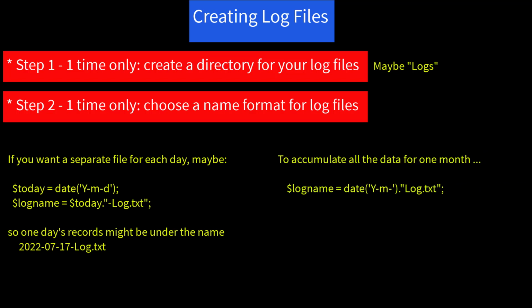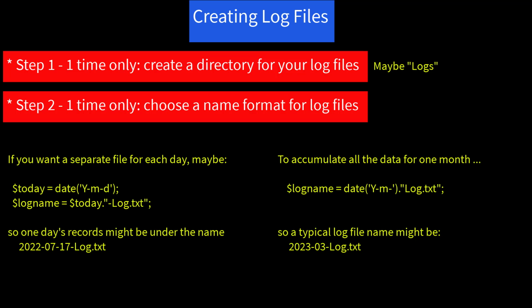Or to accumulate all the activity for a whole month into one file, you might go this way. $logname = date("Y-m") . "-log.txt". So a typical log file name might be 2023-03-log.txt.